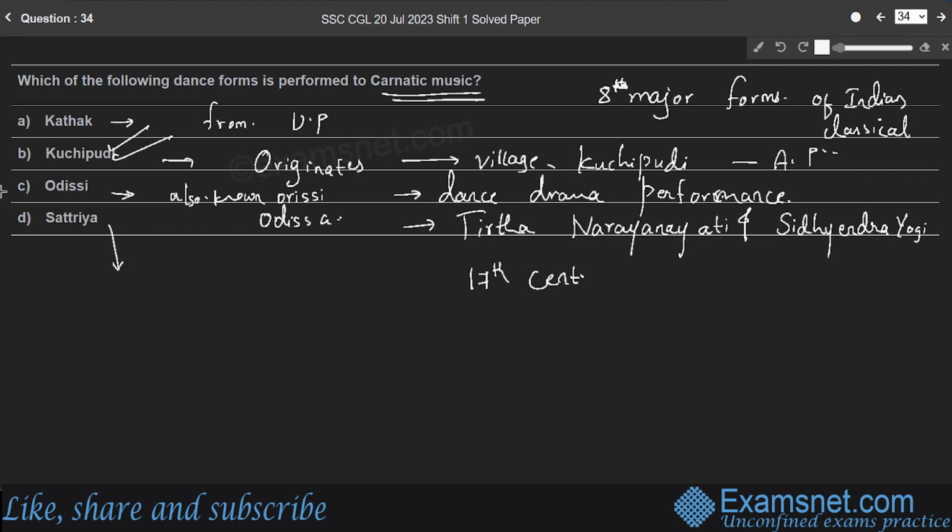Satriya is a dance form of Assam. So for the given question, option B is the right answer.